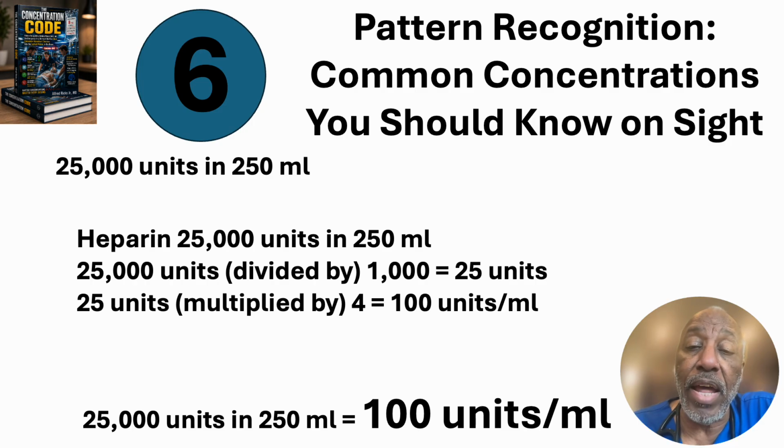Every milliliter of that bag contains 100 units of heparin. A rate of 10 milliliters per hour delivers 1,000 units per hour. A rate of 20 milliliters per hour delivers 2,000 units per hour. Those are the kind of clinical anchors that make titration fast and intuitive once you know the concentration by sight. 100 units per milliliter. Know it automatically.